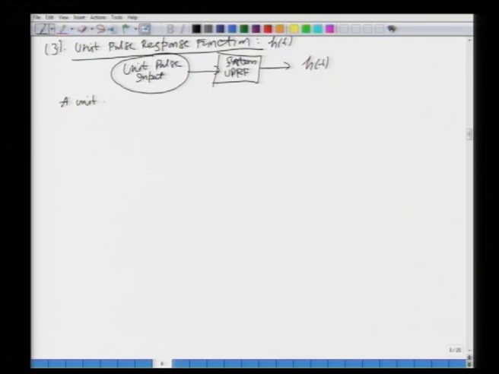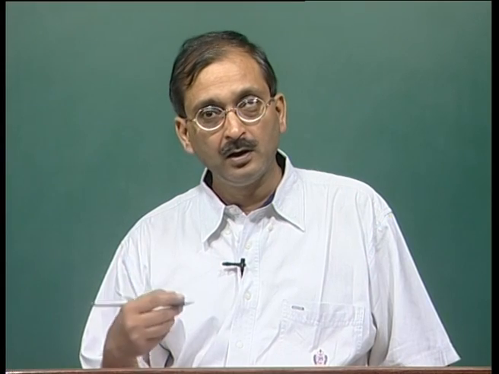A unit pulse input is what? Is an input of unit amount, not the rate. All right. Unit amount means 1 centimeter of rainfall or 1 inch of rainfall or 1 millimeter of rainfall in this case, and effective rainfall we are talking.